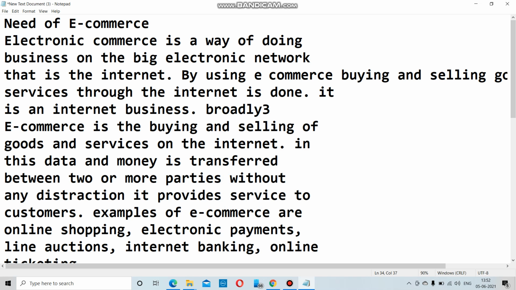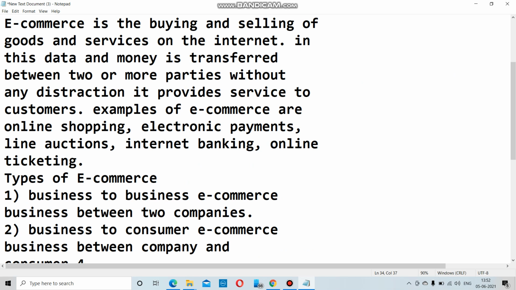So we can buy and sell our services and products on the internet through e-commerce. It is simply an internet business. So broadly, e-commerce is the buying and selling of services and goods.